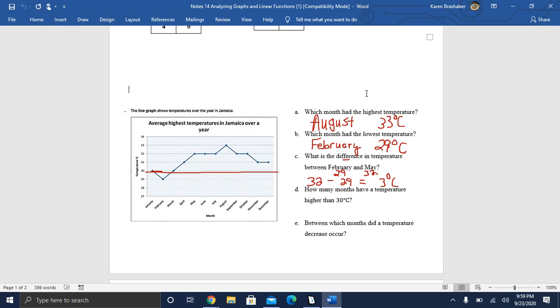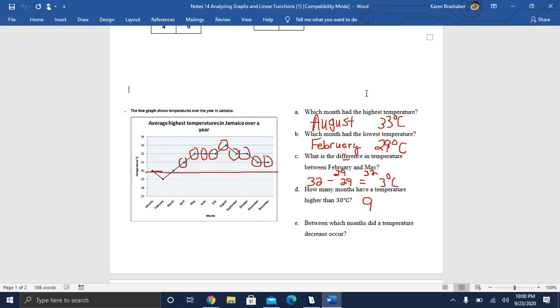So we have, and I'm just going to circle them on here, April, and then May, June, July, August, September, October, November, and December, all at higher than 30 degrees. So if we count that, 1, 2, 3, 4, 5, 6, 7, 8, 9, there are 9 months that have a temperature higher than 30 degrees.